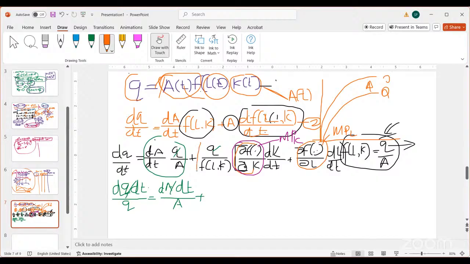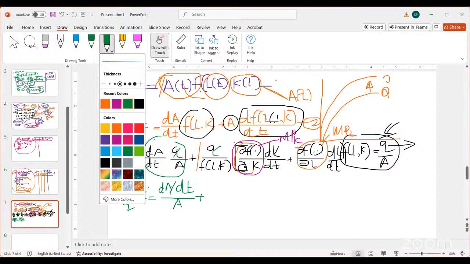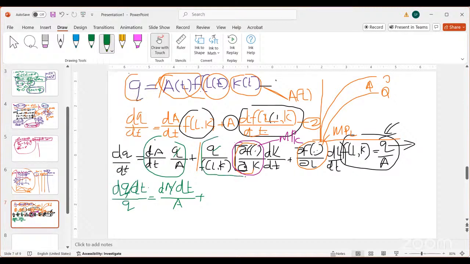Now here, again this component, this one, I multiply by K over K. After removing the bracket, the second part I multiply by L over L. You can see nothing will happen.